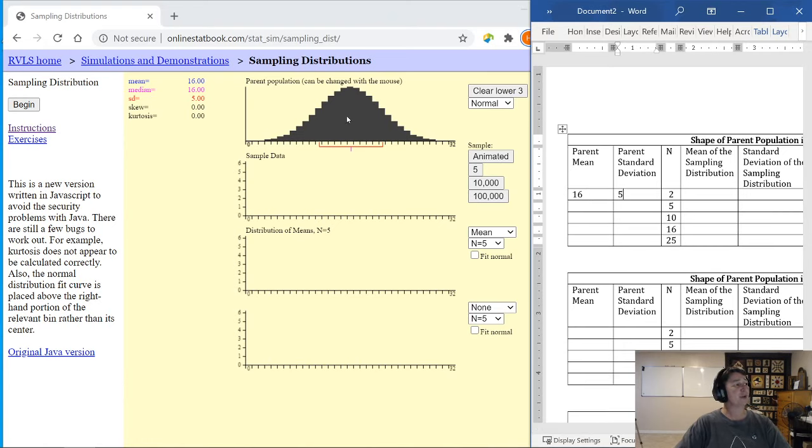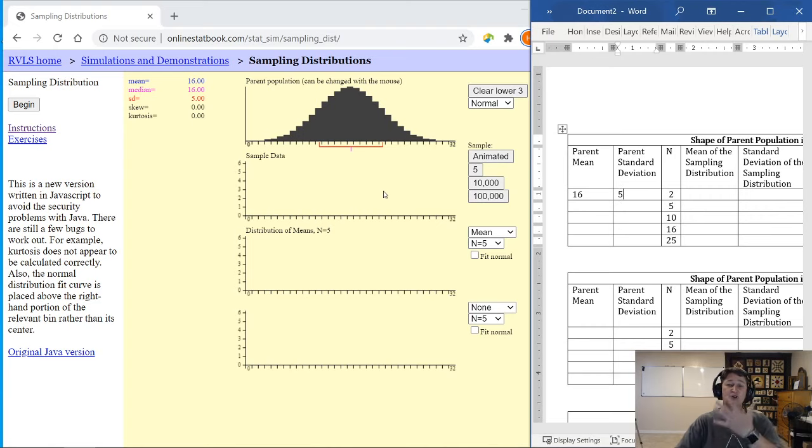So now here's what I'm going to do. From that population data, I'm going to take a sample of data. Right now, let's start with sample size 5. In other words, I'm going to take 5 women and measure their heights. It's going to drop those 5 women's heights down into this second category here.